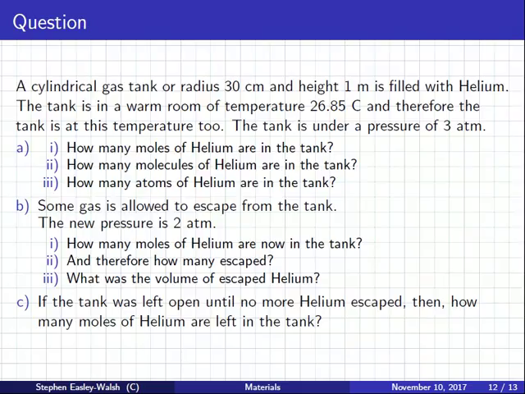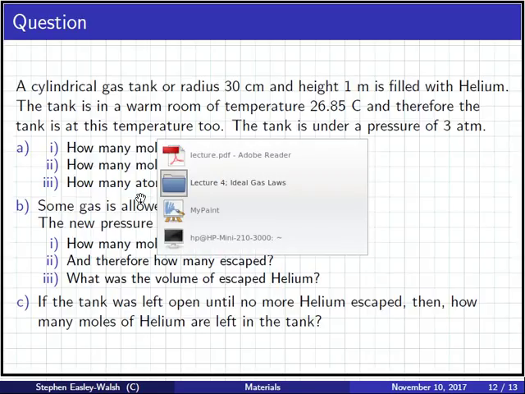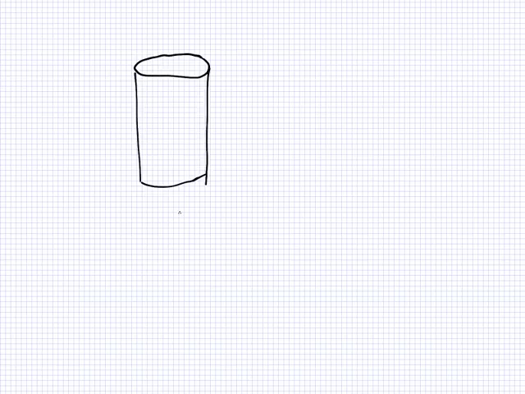Let's have a look. A cylindrical gas tank of radius 30 centimeters and height 1 meter. Okay, so let's draw that. You've got a tank and its radius is 30 centimeters and its height is 1 meter.